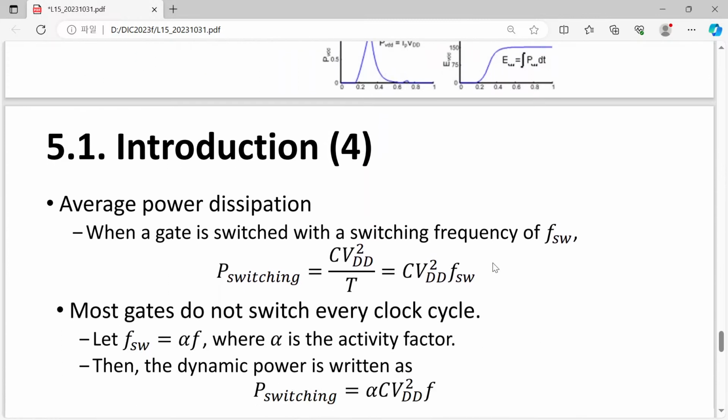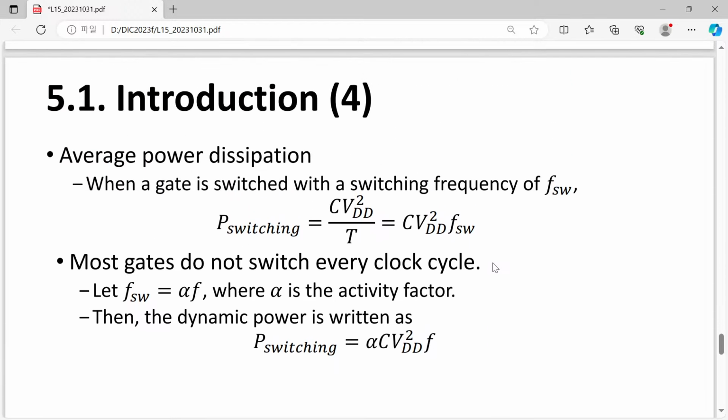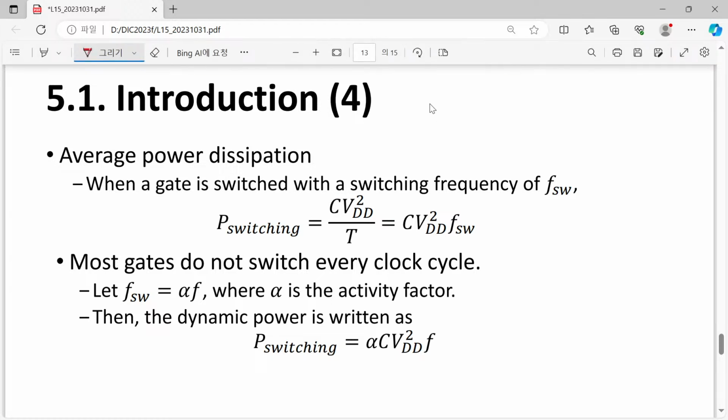Then now let's go to this page. I just skipped the waveform because I have already discussed this one. Yeah, so up to now we have spent the time on our energy consumption.